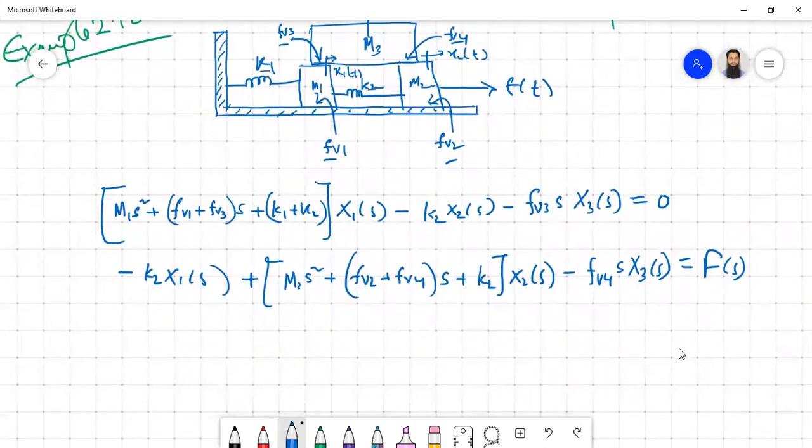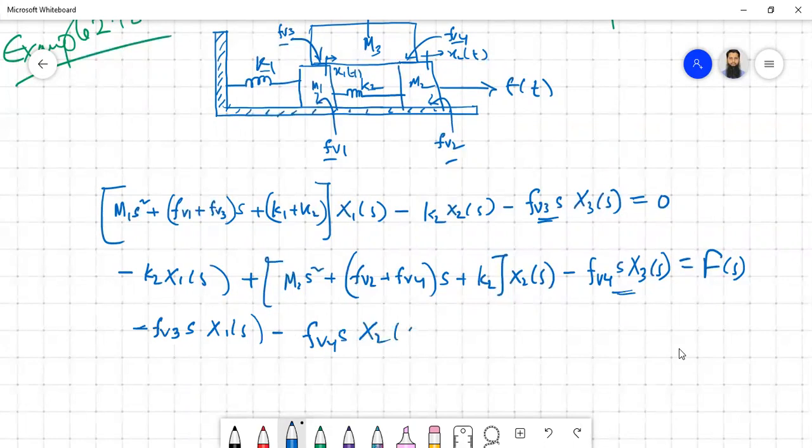Okay, so what about the third one? For the third one, we have to find out the relation between the third one and the first one. Common impedance is this one, already calculated. So minus FV3 S X1 S. The common in between 2 and 3 is this. So minus FV4 S X2S plus self impedances.